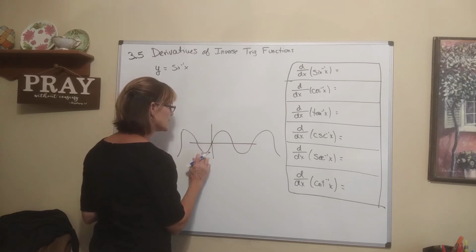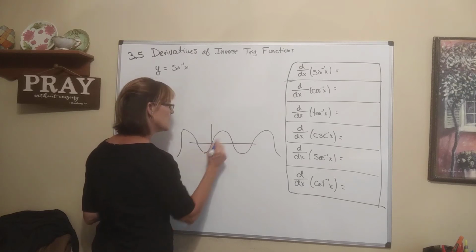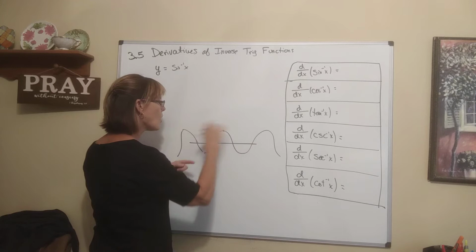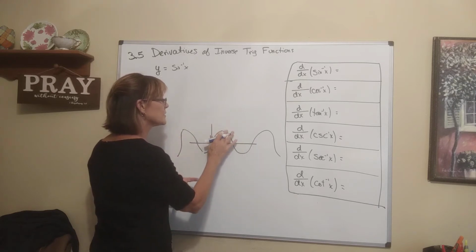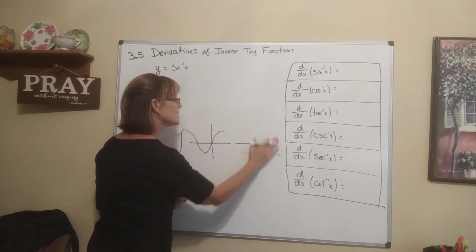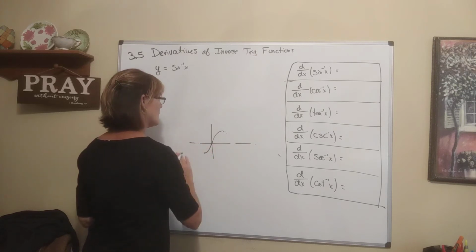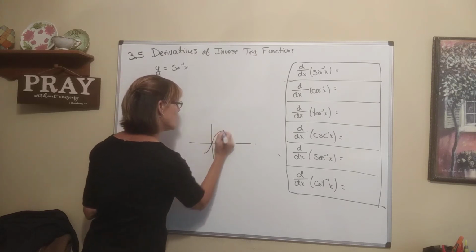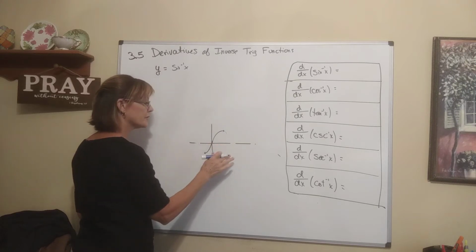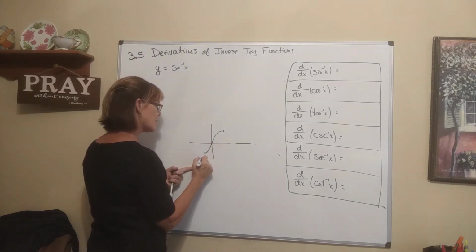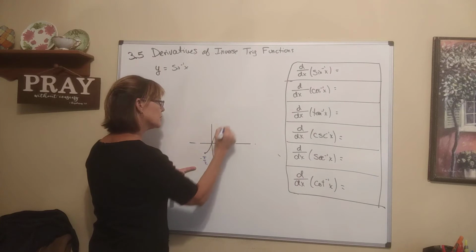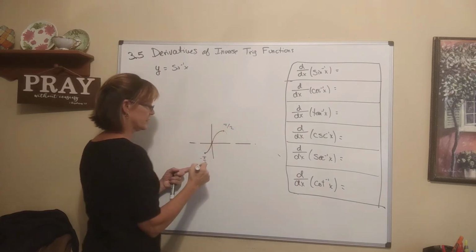And so they said, let's take it from here to here so that we capture all of the outputs, all of the range of this, but that it doesn't hit more than once if you pass a horizontal line through this. And so this is from -pi over 2 to pi over 2.